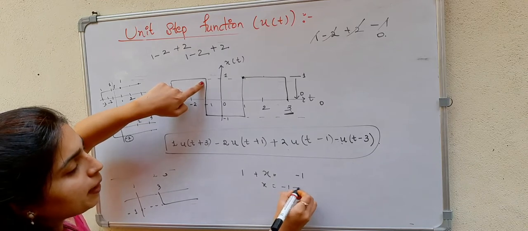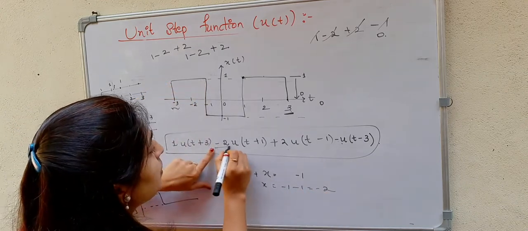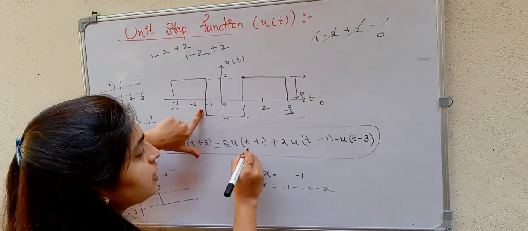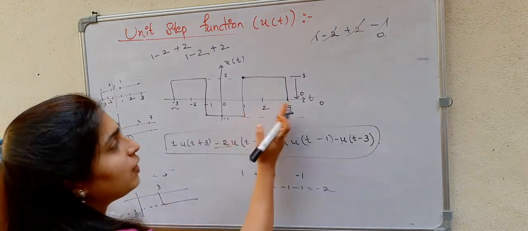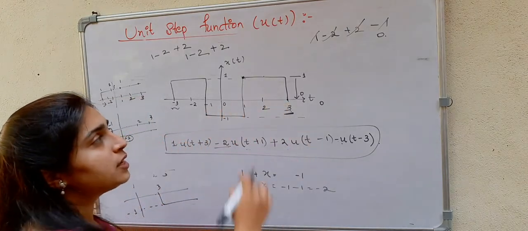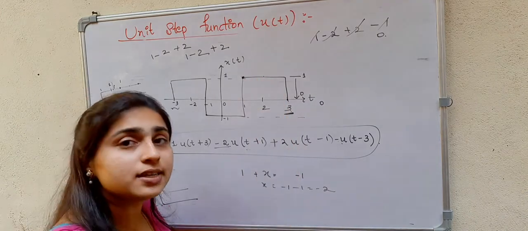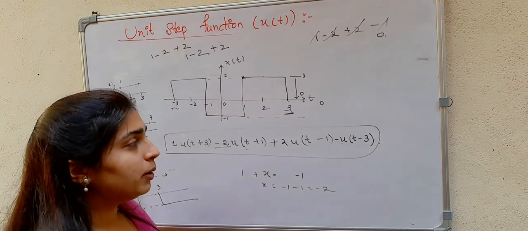That value will be minus 1, minus 1, minus 2. So I have taken this as minus 2. Since it starts from minus 1, the signal will be shifted towards the left by 1 unit. Likewise, we have to consider at all the points where the signal is changing its height. So this is all about your unit step function.